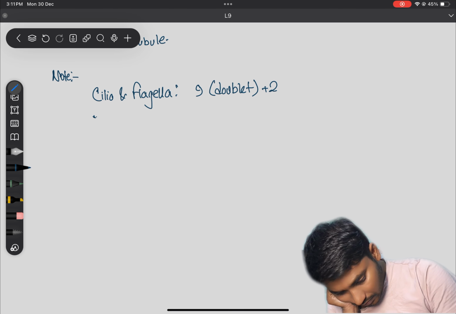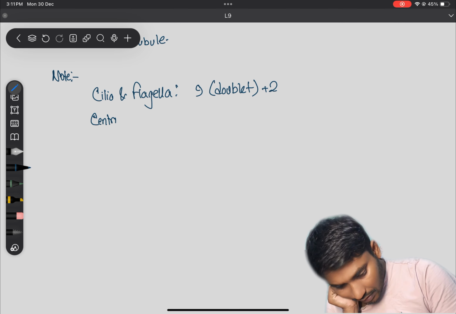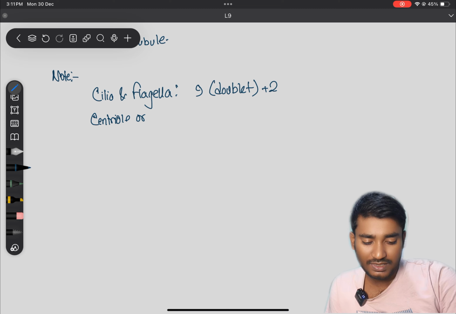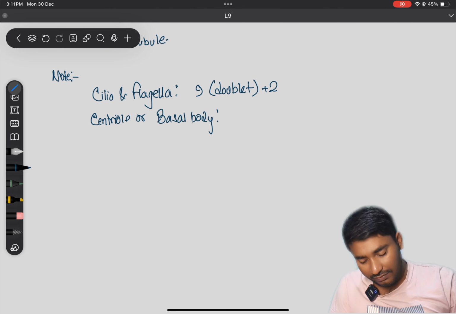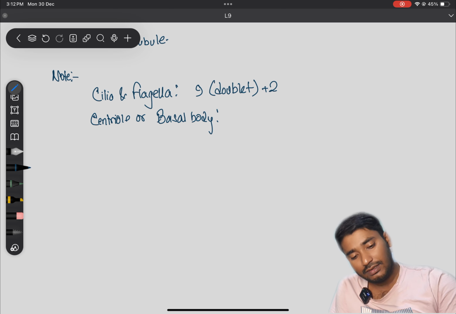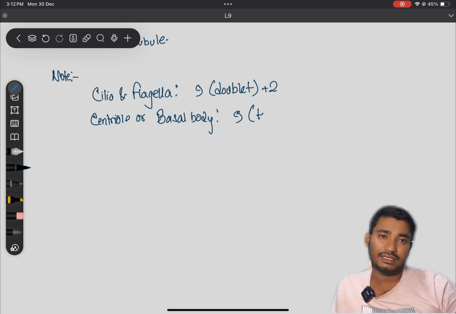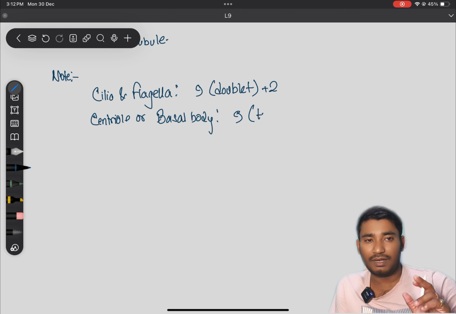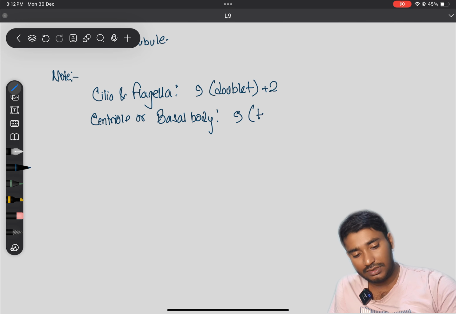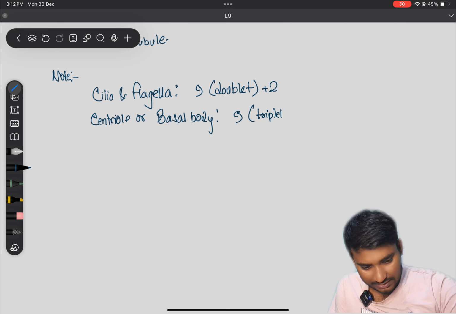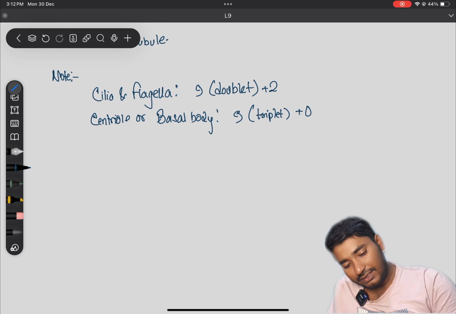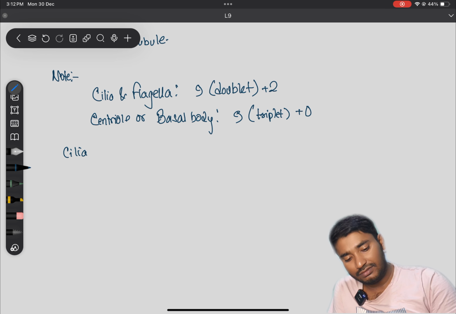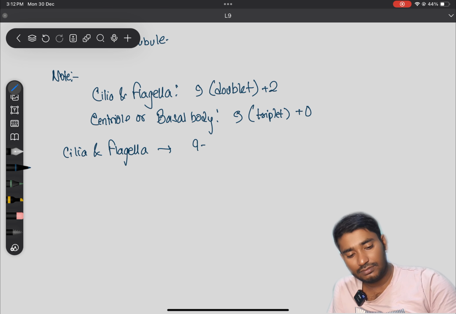Now the centriole or the basal body are of 9 triplets. So cilia and flagella are doublet, and the centriole and the basal body are triplet, 9 triplet plus 0. So this question comes: cilia and flagella are called a 9 plus 2 structure.